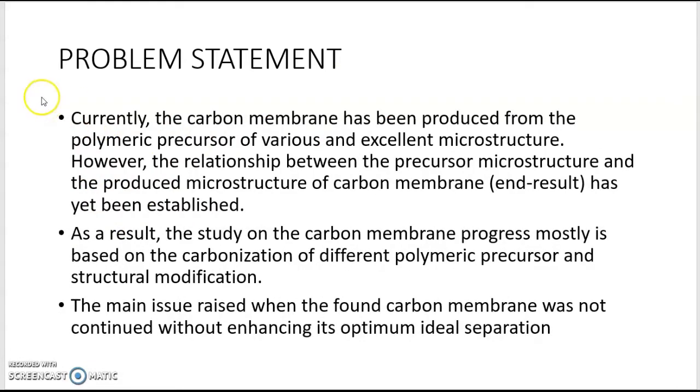Currently, another important aspect is that so far the carbon membrane produced from the polymeric membrane has yet to establish any connection between the microstructure of the polymer and the microstructure of the carbon membrane as an end result. And so this caused an issue.